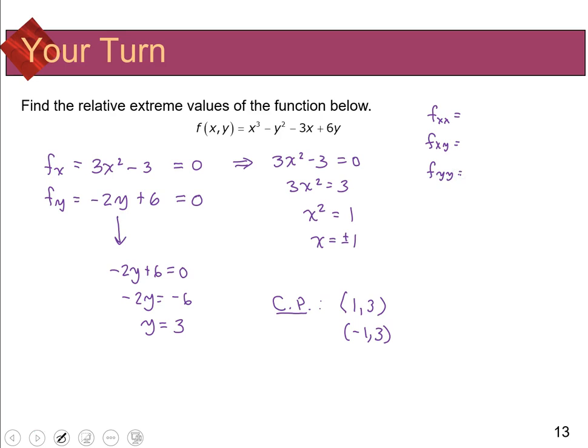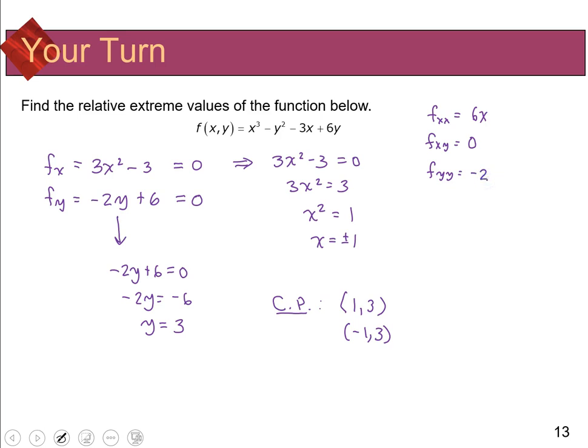So fxx is just going to be 6x. fxy is going to be 0 because when I go to f sub x, I don't have any y's left in there. As a result, the 3x squared minus 3 is all one big constant, so I take the derivative of a constant, I get 0. fyy means I go to the fy function, derivative of that's going to be negative 2.